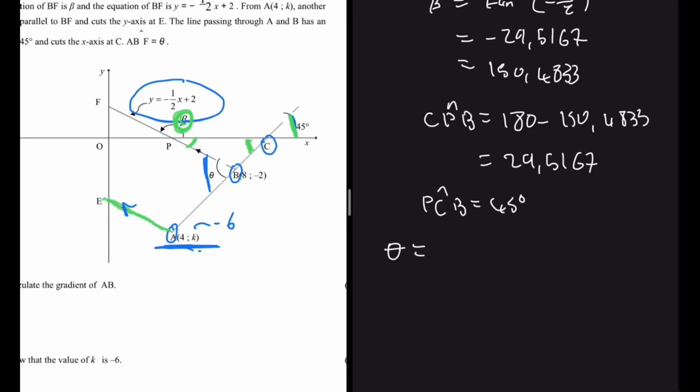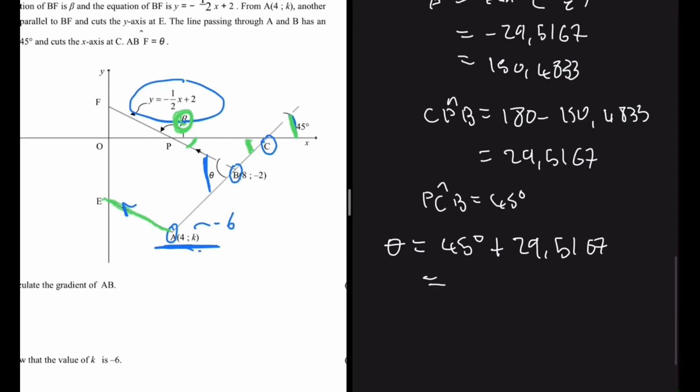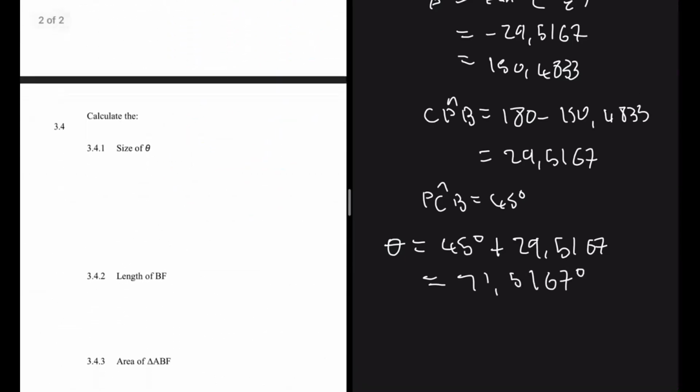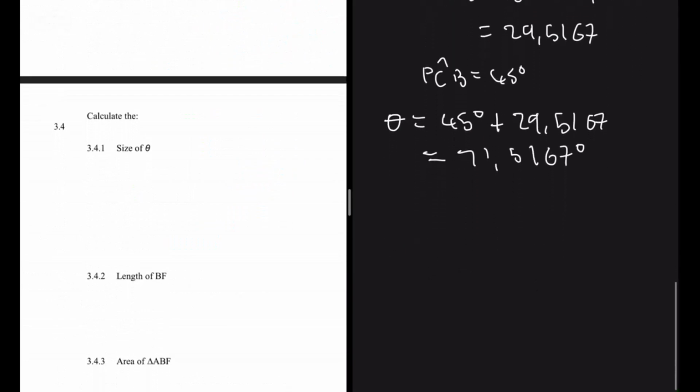Theta is equals to the sum of the two, which is gonna be 45 degrees plus 29.5167, and that is all equals to 71.5167 degrees.